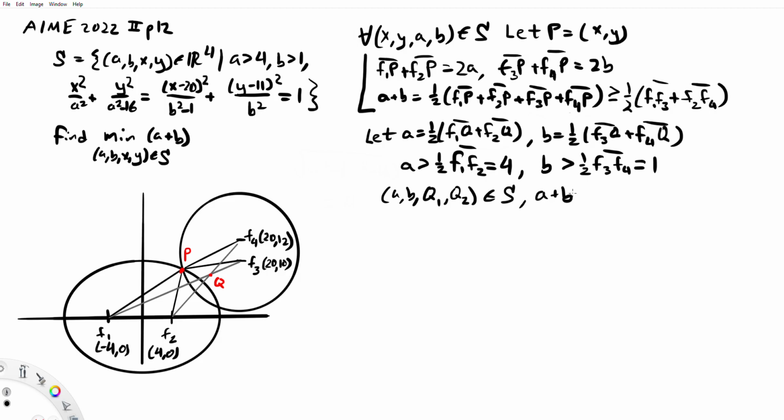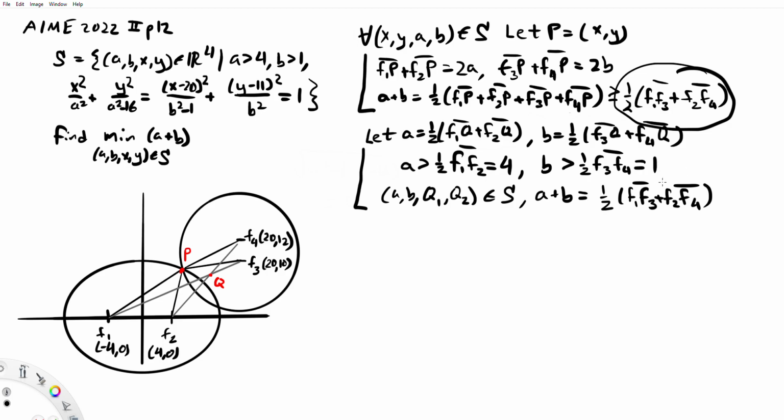A plus B equals 1/2 the sum of those four distances, which we also know is 1/2 (F1F3 plus F2F4). Great, so we've shown that for all solutions, A plus B is greater than or equal to this value, and for a particular solution, A plus B is equal to this value.